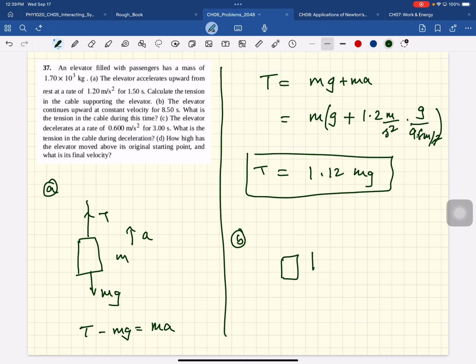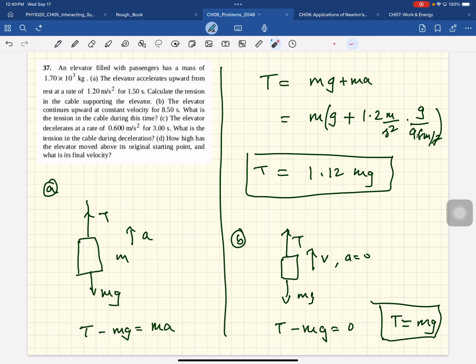So when the elevator is moving at constant velocity, the tension is equal to the weight. So whenever the elevator is moving at constant velocity, the tension is just equal to the weight.